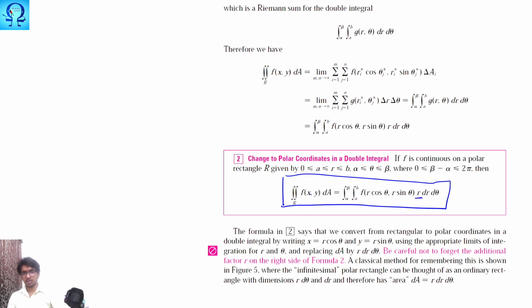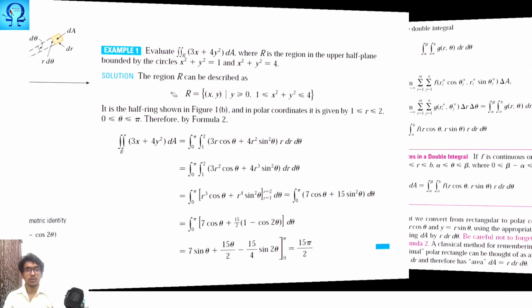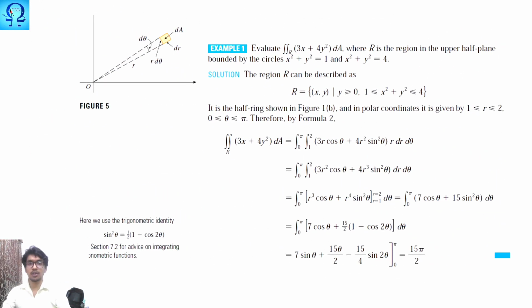Along with the function, x is changed to r cos theta, y is changed to r sin theta, but dA, which in Cartesian coordinates is dx dy or dy dx, is replaced in polar coordinates with r times dr d theta. This r comes extra, that we have to remember. How we get this extra r, we have seen. So with that we will get into problems now.